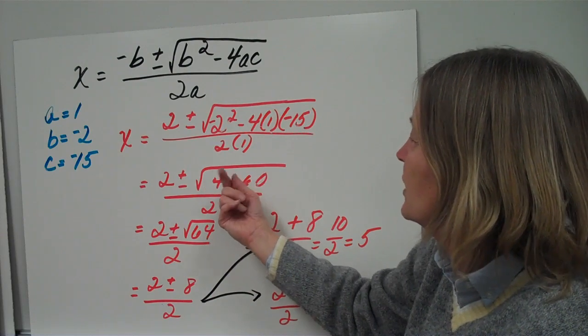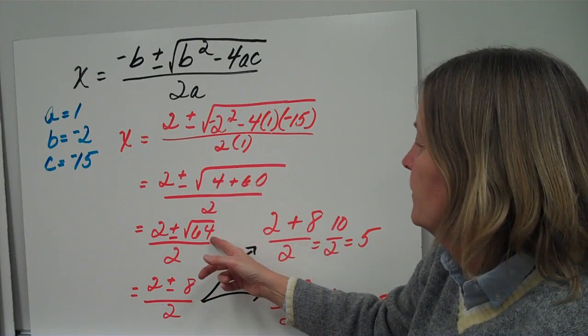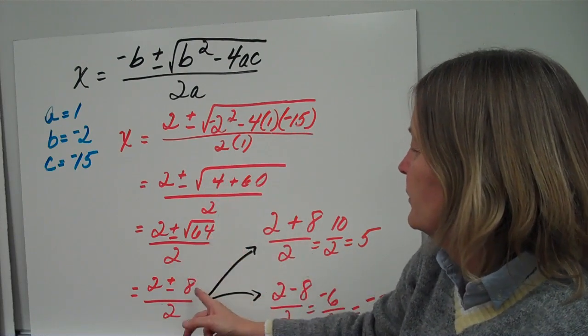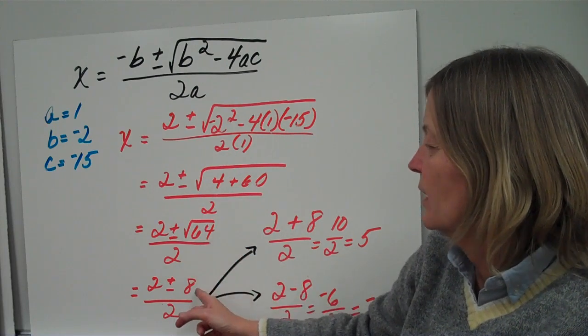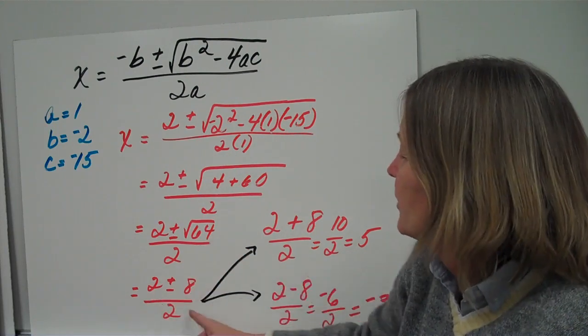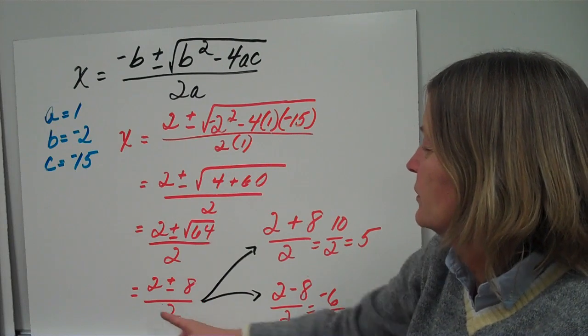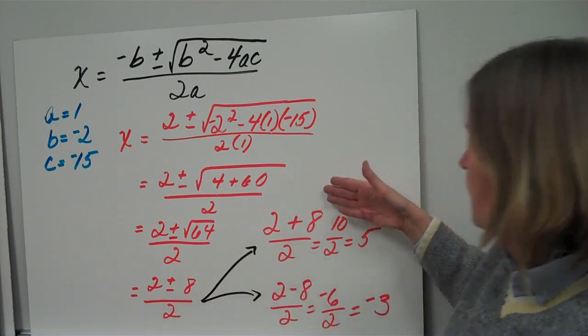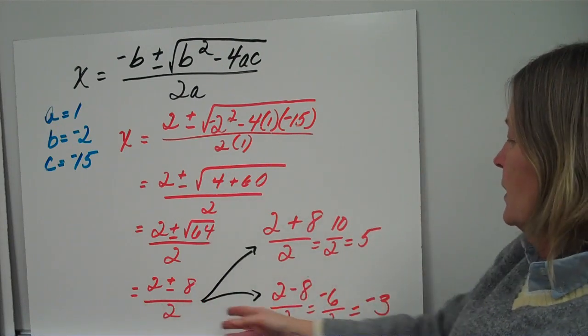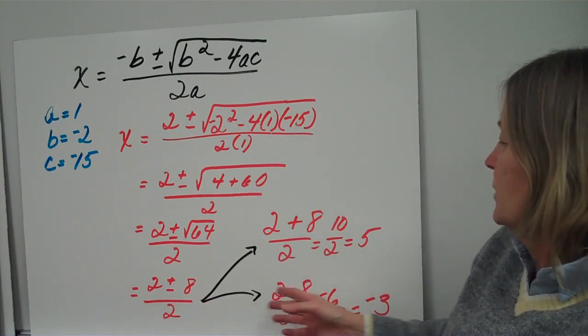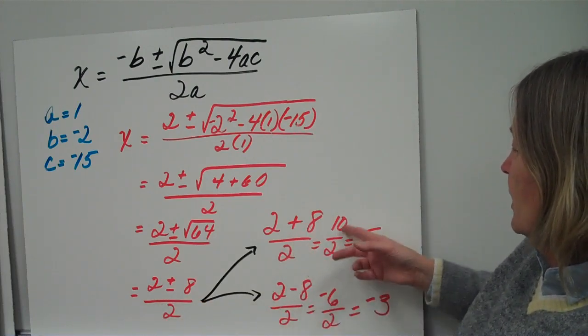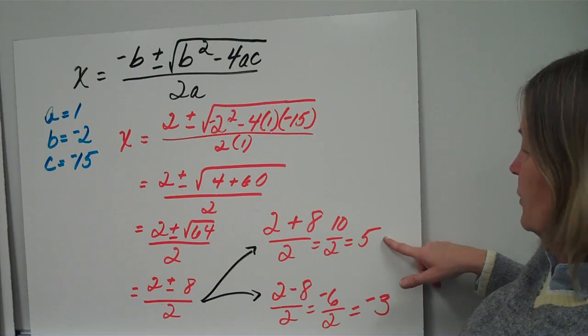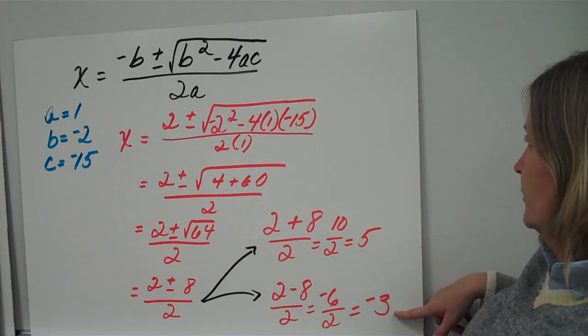So do the addition underneath the square root sign, and then we will recognize the square root of 64 is 8. Again, this is the part of the problem that divides into two solutions. 2 plus 8 divided by 2, and then 2 minus 8 divided by 2. Doing these two different calculations, we're going to get an answer of 5 and an answer of negative 3.